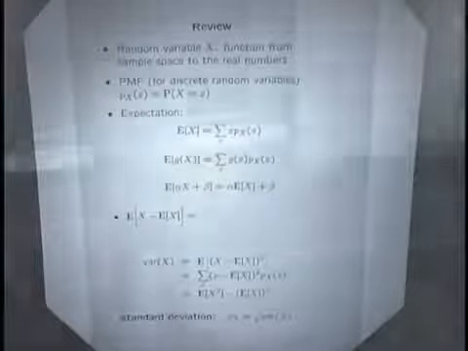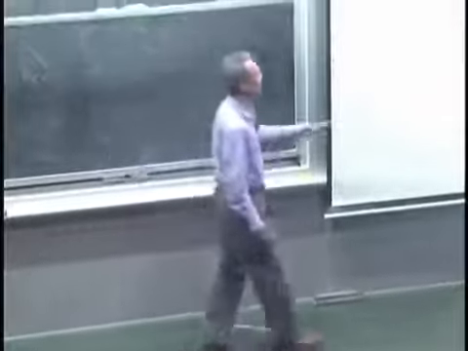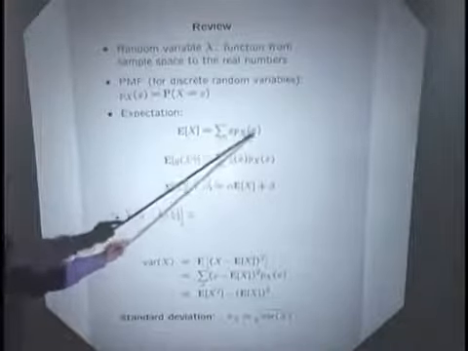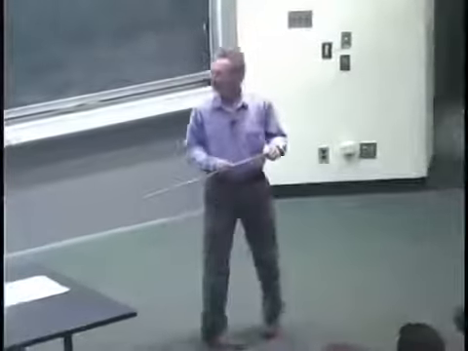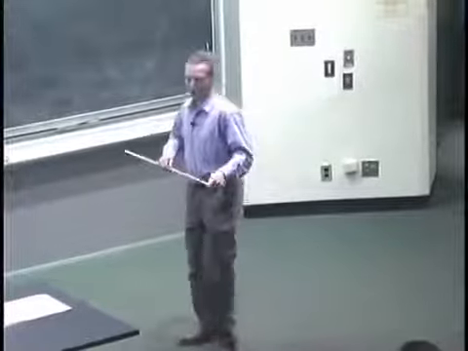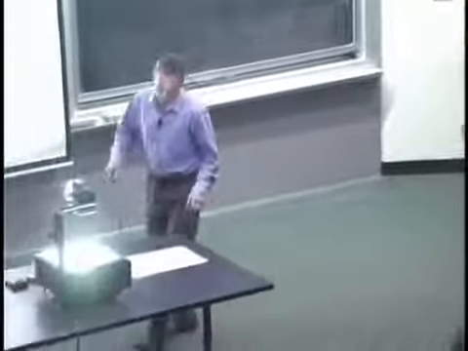You look at all the possible outcomes, and you form some kind of average of all the possible numerical values of the random variable capital X. You consider all the possible numerical values, and you form an average. In fact, it's a weighted average, where to every little x, you assign a weight equal to the probability that that particular little x is going to be realized.